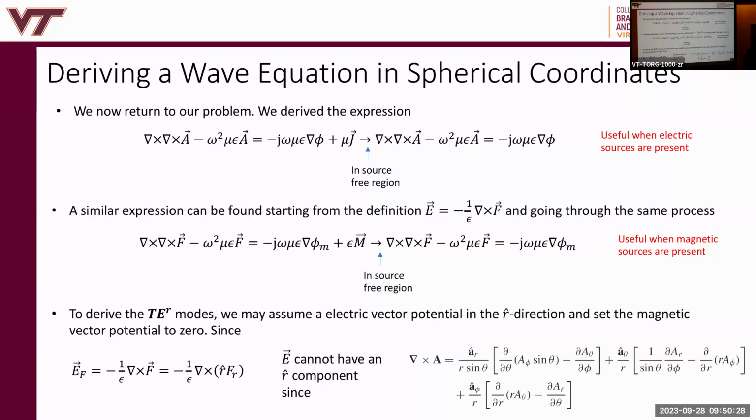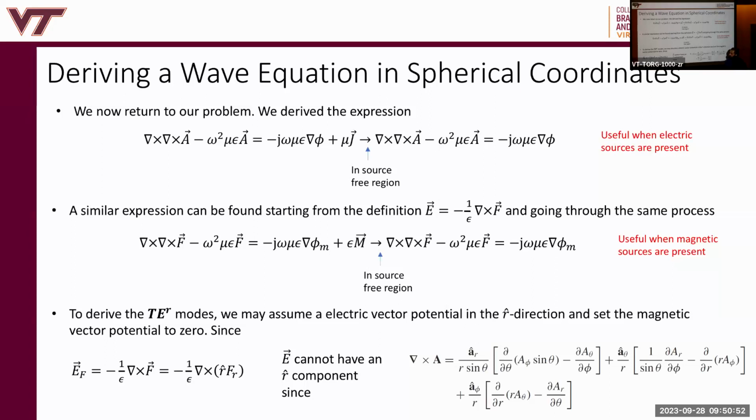So to derive the TE to R modes, meaning that the electric field is transverse to the radial direction, TE to R, we may assume an electric vector potential in the R direction, right? So let's assume that we have F in the R direction, electric vector potential in the R direction, and set the magnetic vector potential to 0.